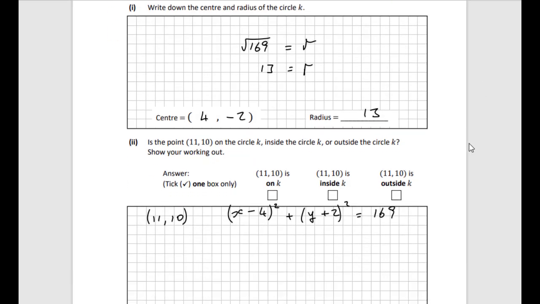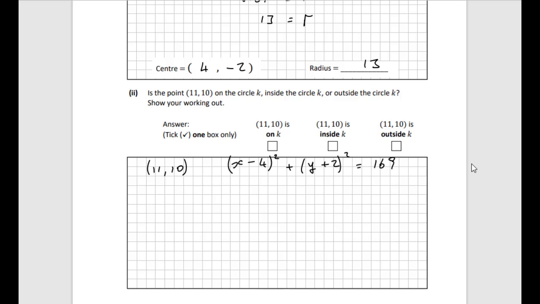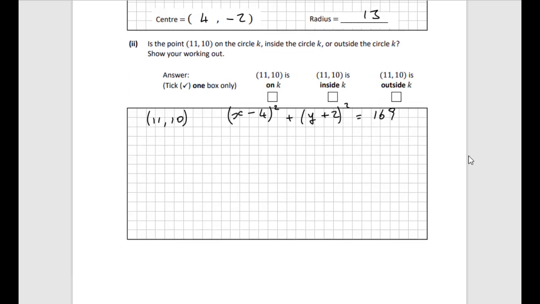So what do we do? We need to just put in the x and y and see what happens. So let's do that. We have (11 - 4)² + (10 + 2)² = 169. Well, we'll leave that for the moment. We'll just do the left-hand side.